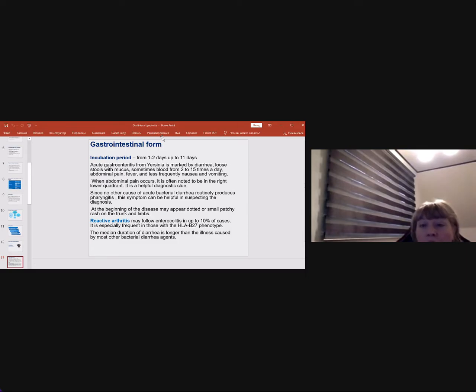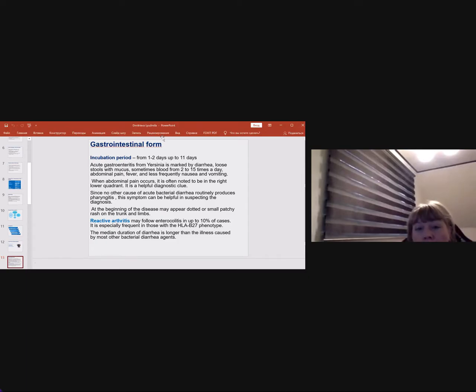In salmonellosis, rash elements may be present only in the generalized forms. In the local forms, rash elements are absent. But in Yersiniosis, these rash elements may be present in the local forms. It is also very important.